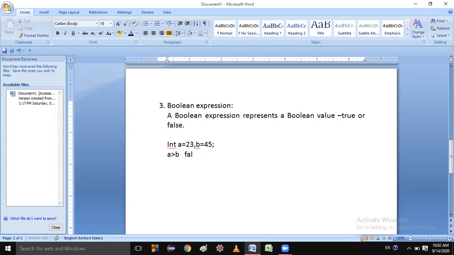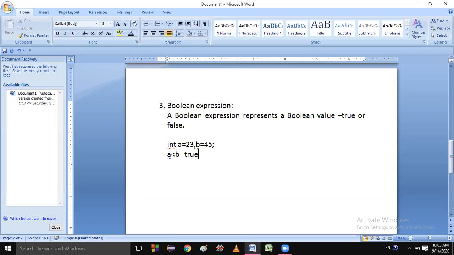Any expression written this way gives a Boolean result, and that is a Boolean expression. If I write a < b, this will result in true.